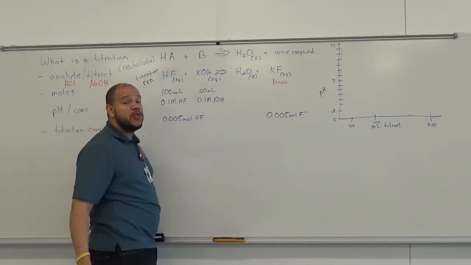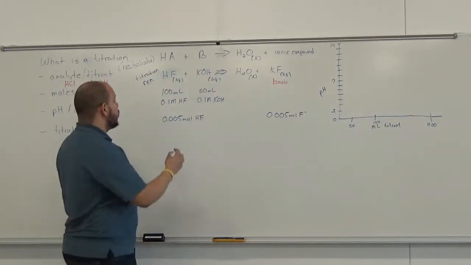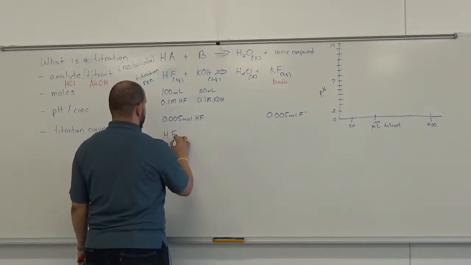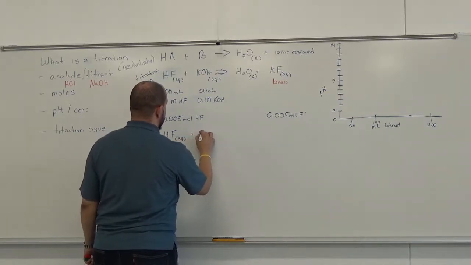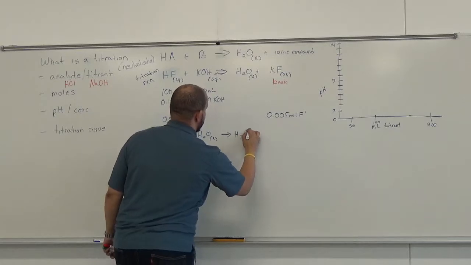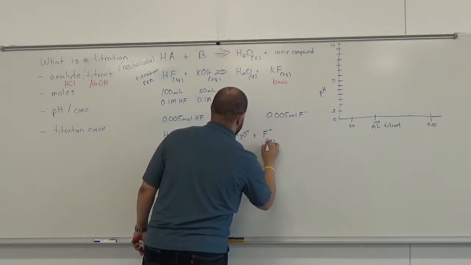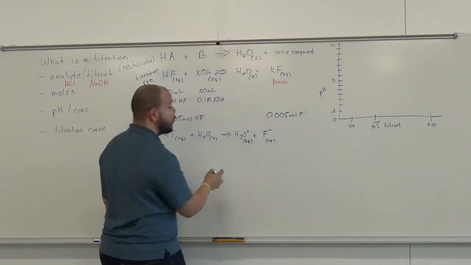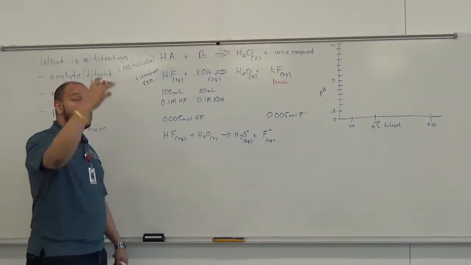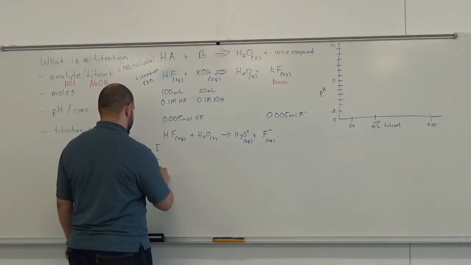But after we have used up the base, we are no longer dealing with a titration because we don't have any base. So now we have to take into consideration the reaction of HF with water to create hydronium plus F minus. If we remember our equilibrium rules from the last chapter, we now have an ICE table scenario.